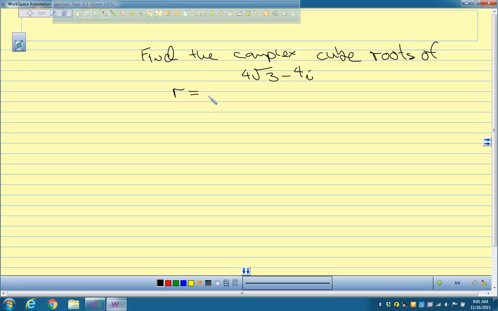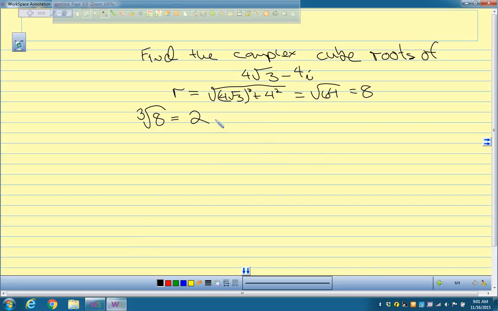So r is equal to the square root of (4 root 3) squared plus 4 squared. On your calculator, that's 3 times 16, 48, and 16 makes 64. What's the square root of 64? 8. So the cube root of 8 is 2. See, I told you the answer is always 2. It's not, but in this case it is.